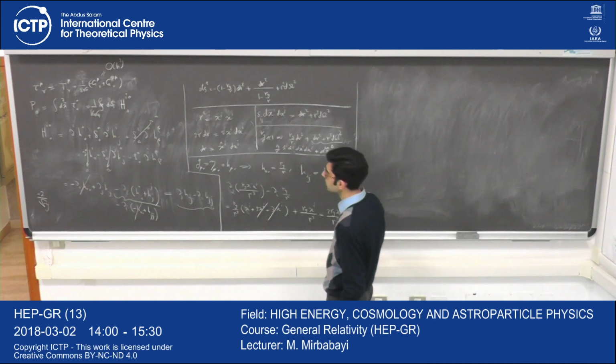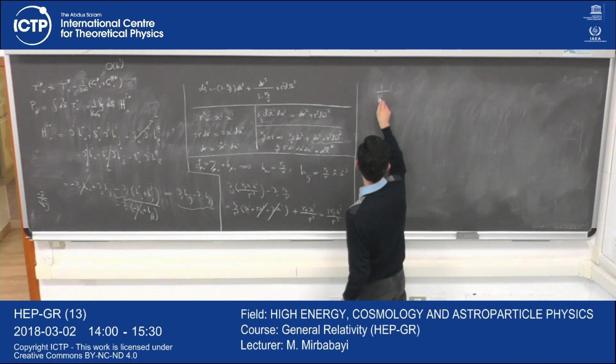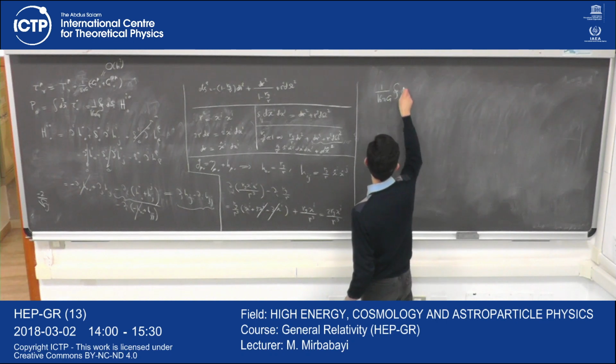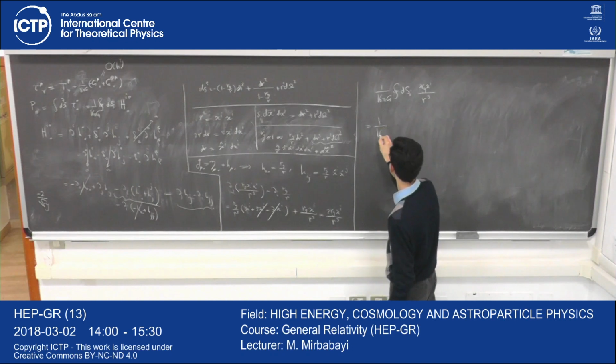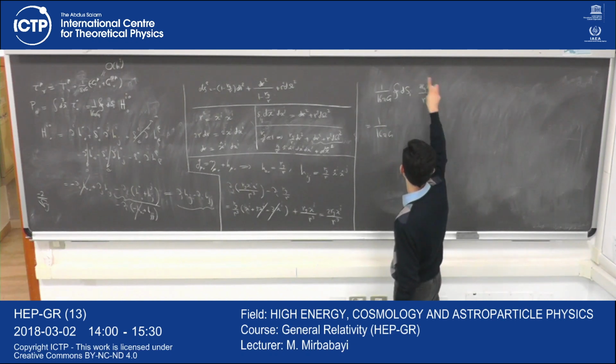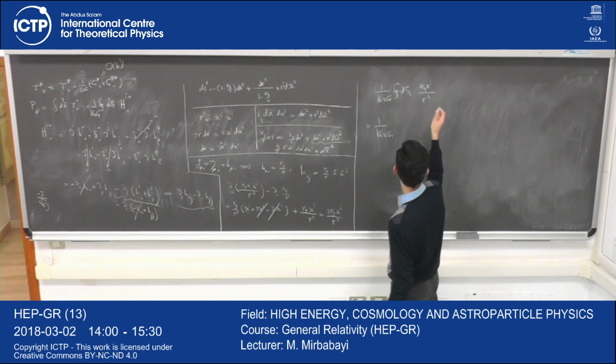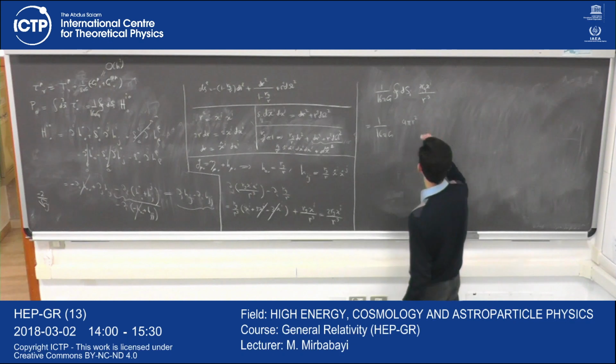So yeah, where were we? So we had 1 over 16 pi G integral dS_i times 2 r_G x^i over r cubed. This is equal to 1 over 16 pi G. This is spherical symmetry. So from this integral, we get just the area 4 pi r squared times the field.